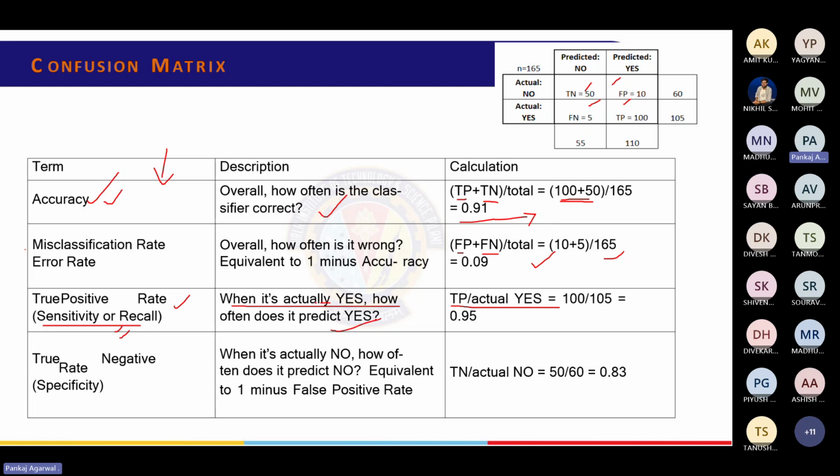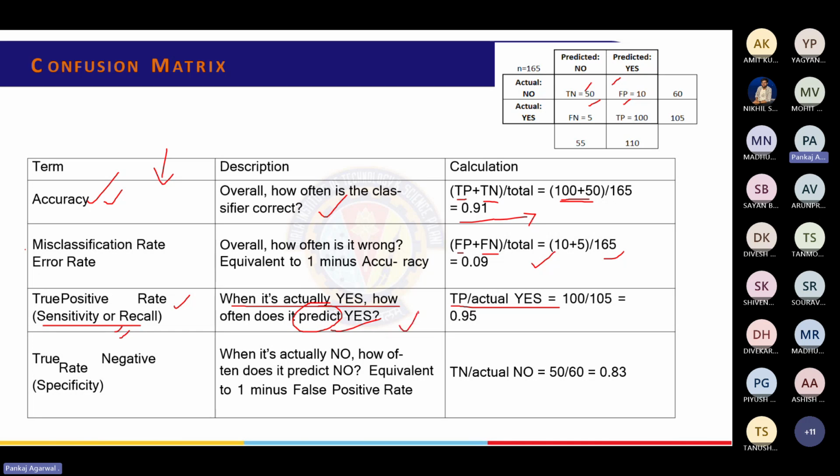So it is the prediction part which is important. Out of all the cases which were actually yes, how many of them were predicted yes? This is called recall, or sensitivity.